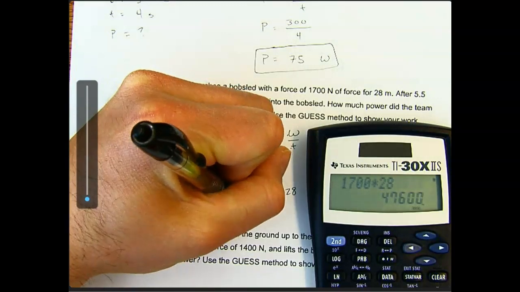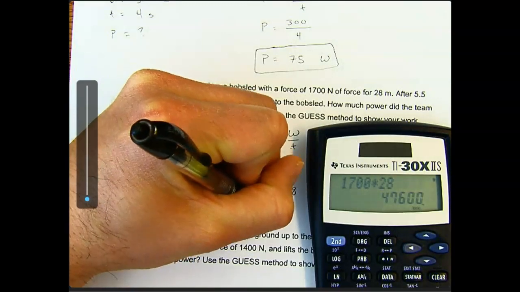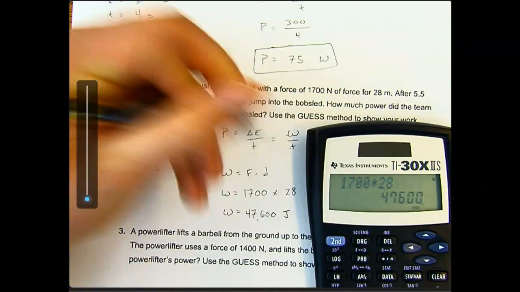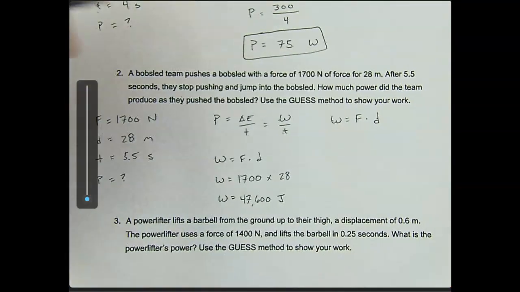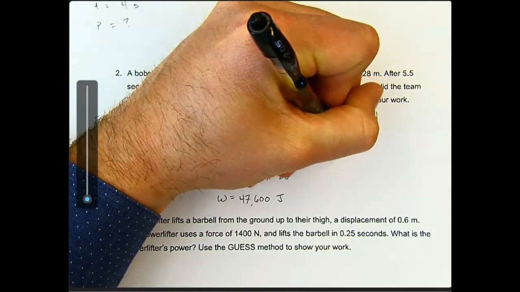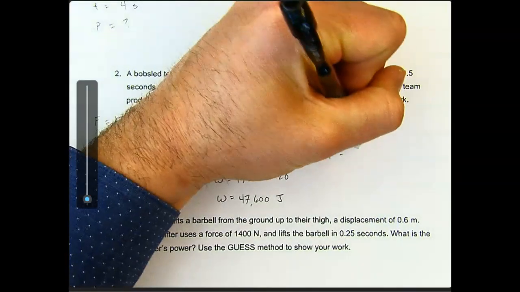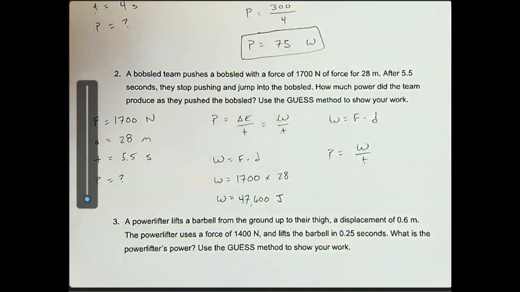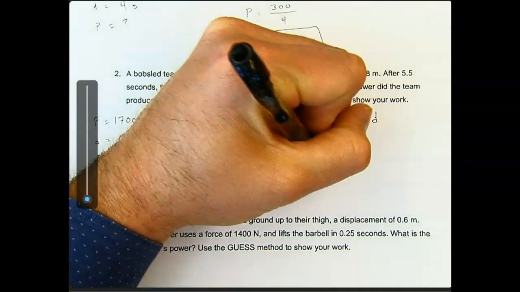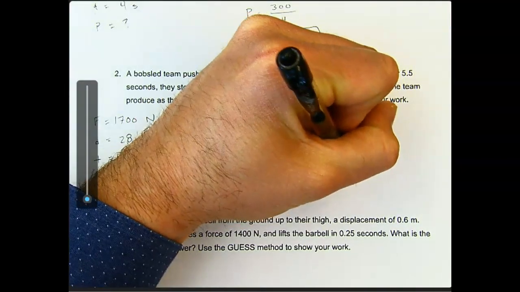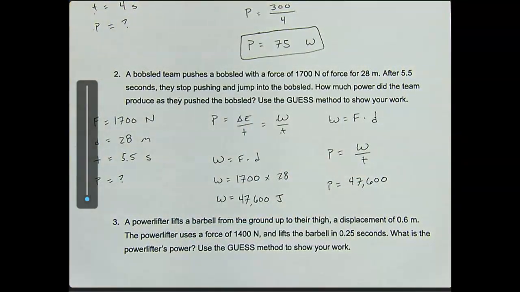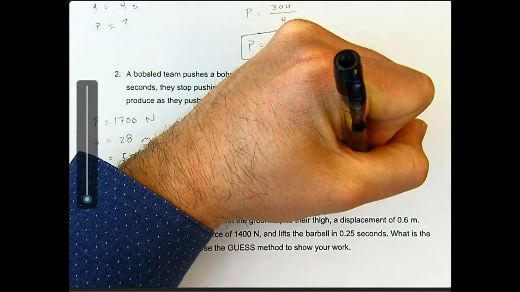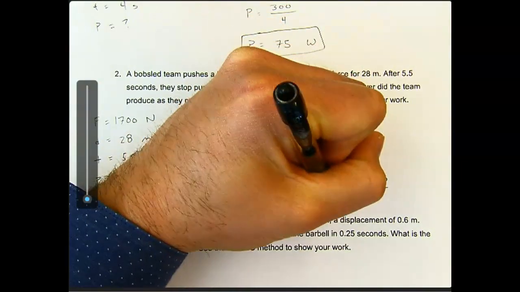Okay, 47,600 joules of work. All right, now that I know that, I can find my power. Power is going to be work divided by time. So power is equal to 47,600 divided by 5.5 seconds.